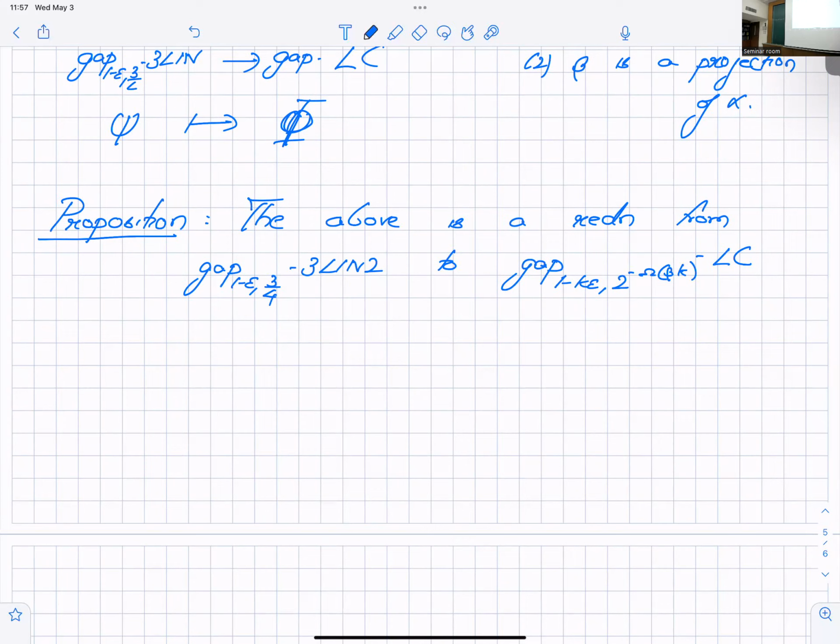We need not drop out the variables, just that should contribute this. Therefore, this problem has completeness 1 minus k epsilon, soundness 2 power minus omega beta k. And beta is a constant.